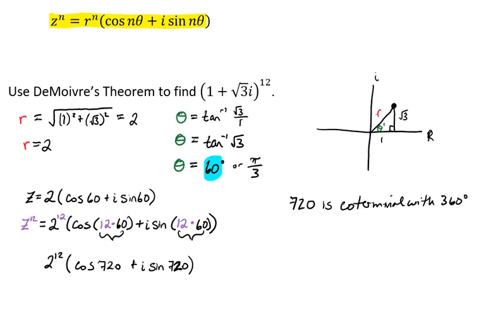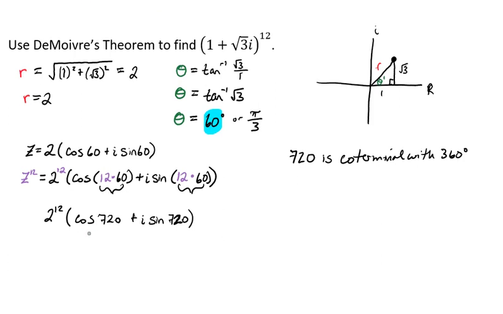Using that information, the cosine of 720 degrees is 1, and the sine of 720 degrees is 0. That leaves me with 2 to the 12th times 1 plus i times 0, and anything times 0 is 0, so that cancels out.